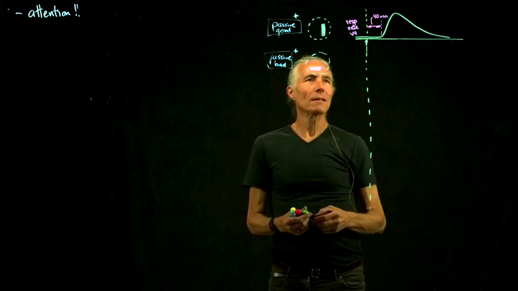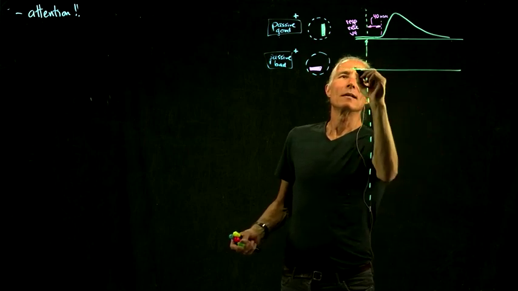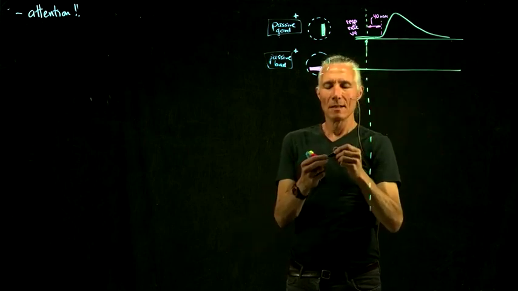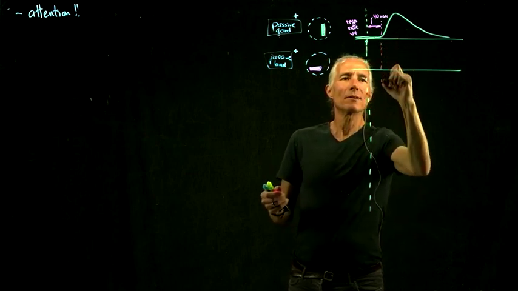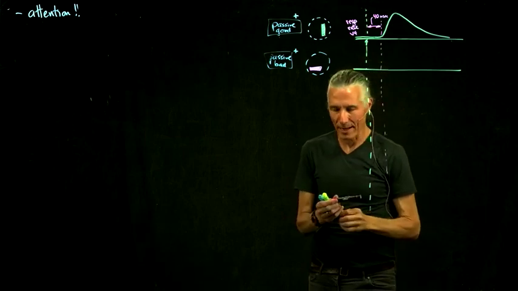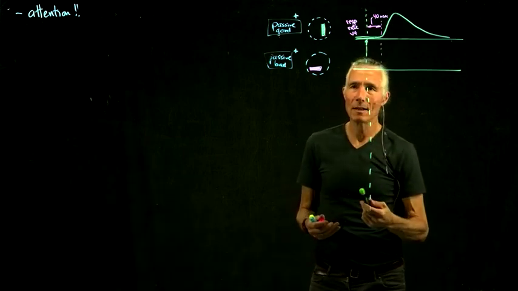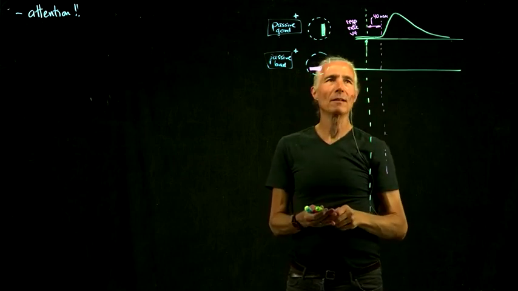Now, if we look at what happens to the same neuron if we present a stimulus that the neuron doesn't like, because the neuron has its own selectivity, like it likes vertical green bars and it doesn't like horizontal bars.